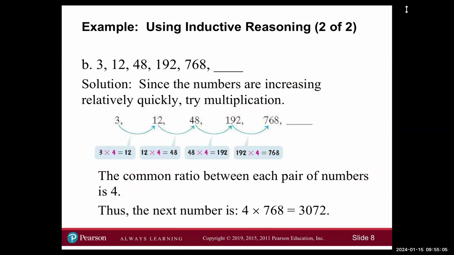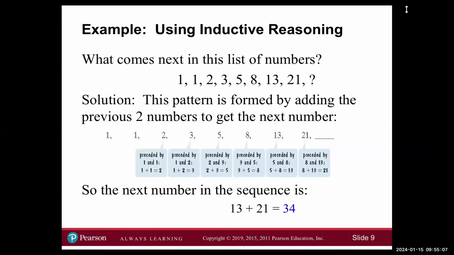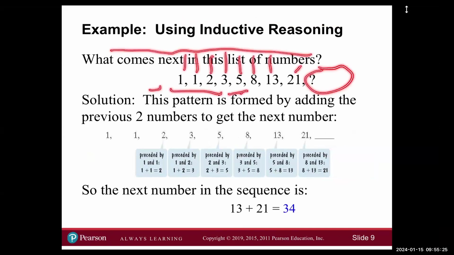For another example, use inductive reasoning to find the next number in the list 1, 1, 2, 3, 5, 8, 13. What is the next? The pattern is formed by addition: the next number is the sum of the two previous numbers.